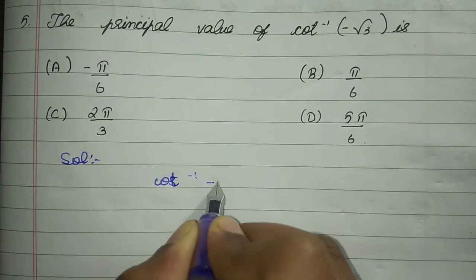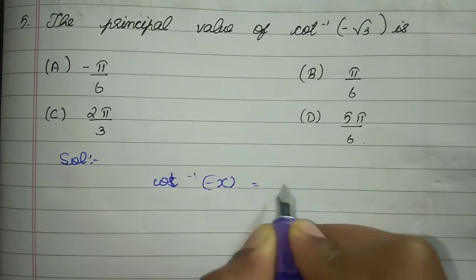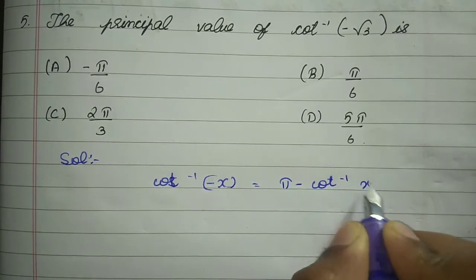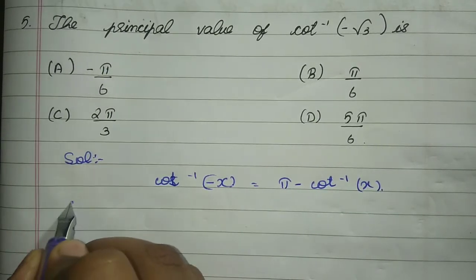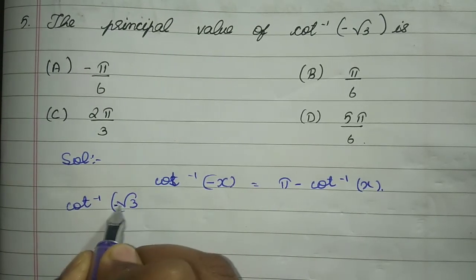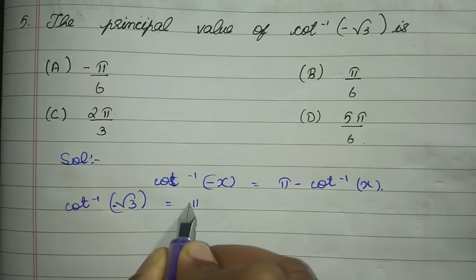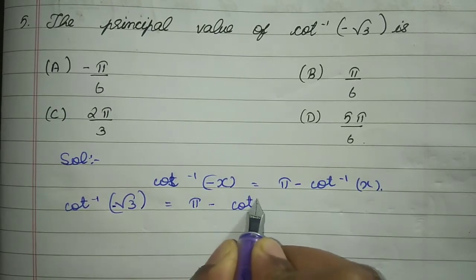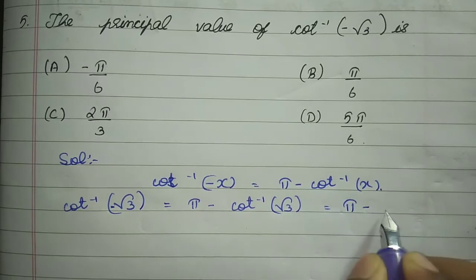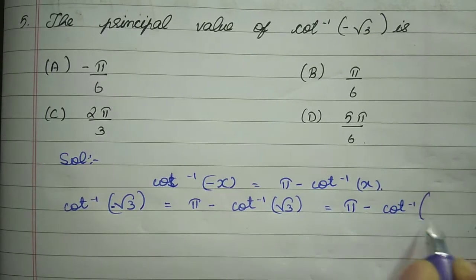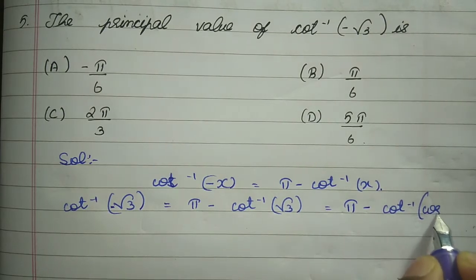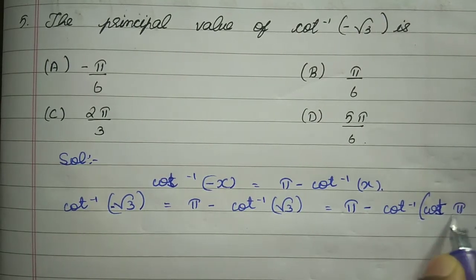Cot inverse of minus x is equal to pi minus cot inverse of x.